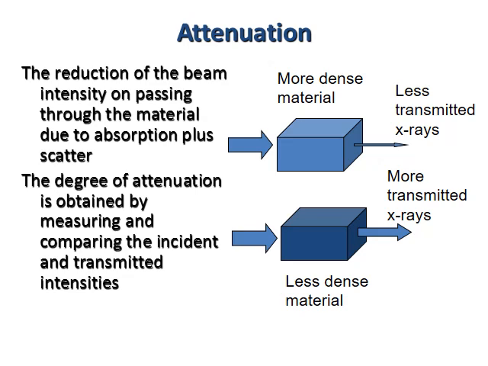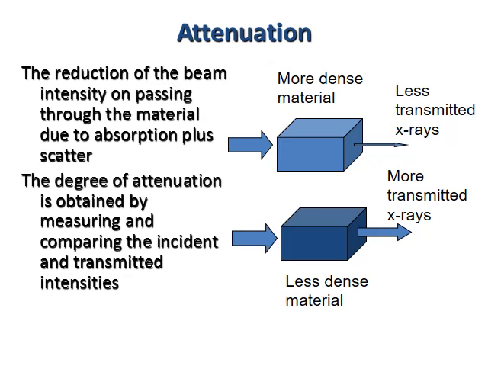Computed tomography involves the determination of attenuation characteristics for each small volume of tissue in the patient's slice. What do we mean by attenuation? Attenuation is obtained by measuring and comparing the incident and transmitted X-ray intensities.